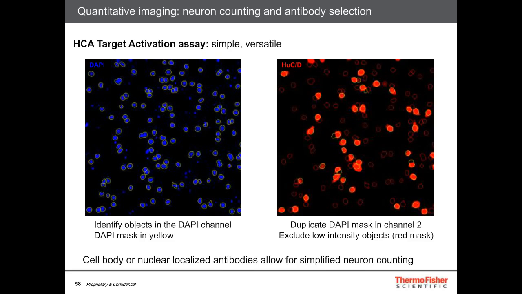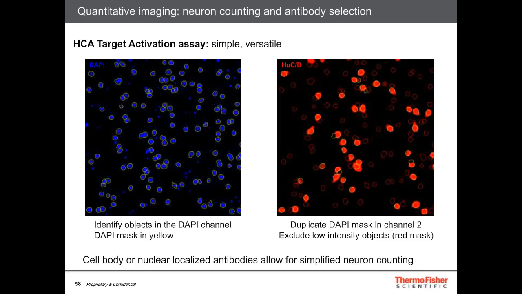But just to show how this assay works, first you use the DAPI stained nuclei, here seen in blue on the left, and the software identifies objects in the DAPI channel. Hopefully you can see the yellow mask that's generated there. Then the software duplicates the DAPI mask for the UCD channel and measures the intensity for each of the identified objects.